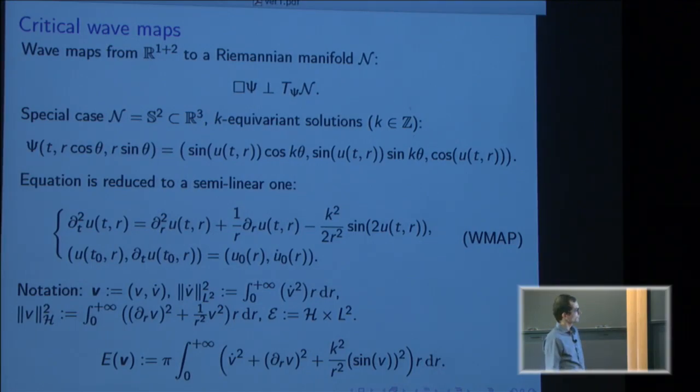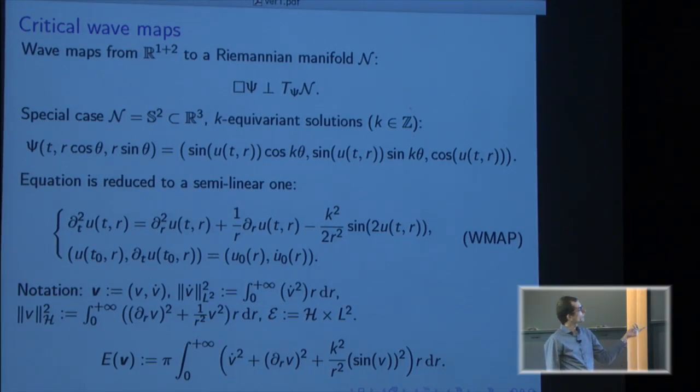sphere. And moreover, even this special case is very hard to analyze, so I will make a further restriction, only considering symmetric solutions, which are called k-equivariant solutions. So the maps are from the plane, for fixed t, to the sphere, which means a unit vector at each point.